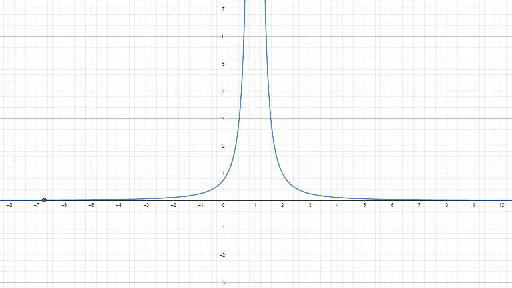So as we consider the graph of this function, as we approach the value x equals 1 from the left, so x equals negative 3 and x equals negative 2, as we get to x equals 0, we see y, f of x, equals 1. Then we go up to x equals 1/2, y equals 4, x is about 3/4, y equals 16, and the closer we get to 1 from the left, the closer y, f of x, is to positive infinity.